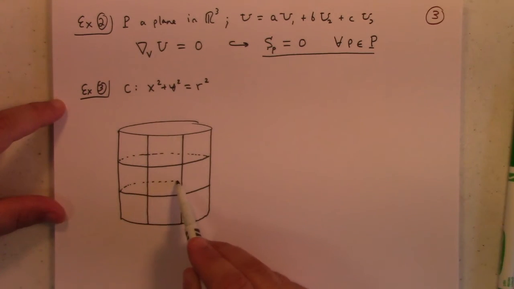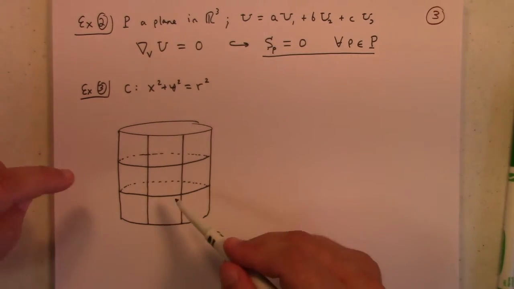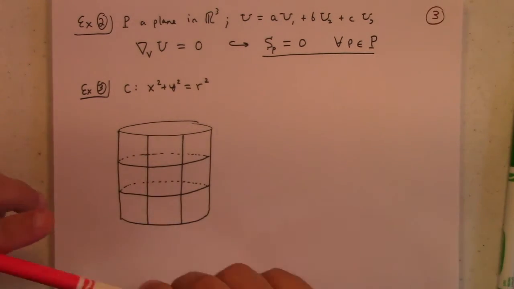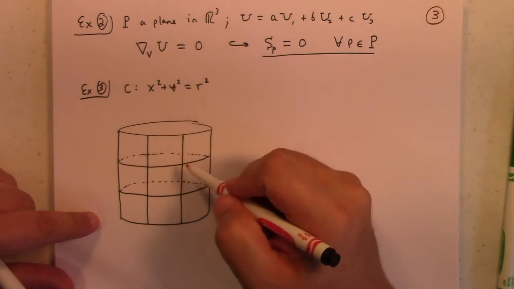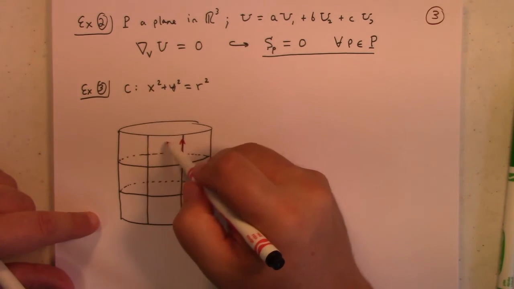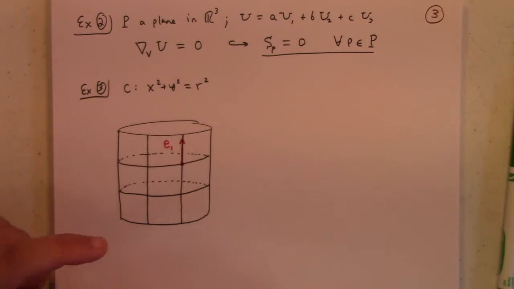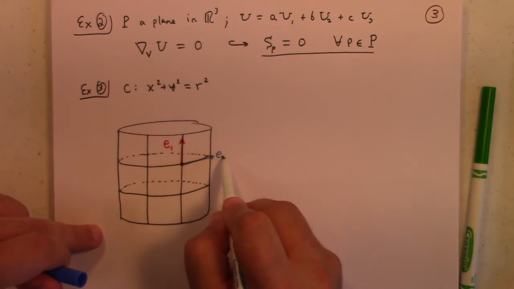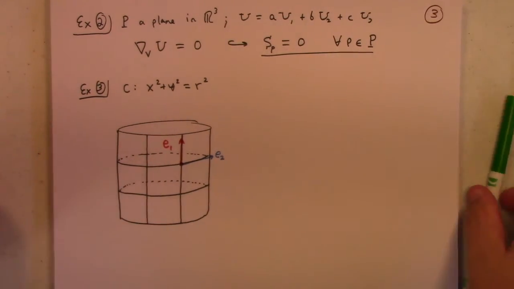They run parallel to the axis of the cylinder, and then the horizontal ones are cross sections, right? And so there are two sorts of vector fields you might think about. If I pick this point P, let's say, then I can talk about this one being, say, E1, and the blue one here being E2. All right, those are perpendicular, and then U, I can't draw worth much.